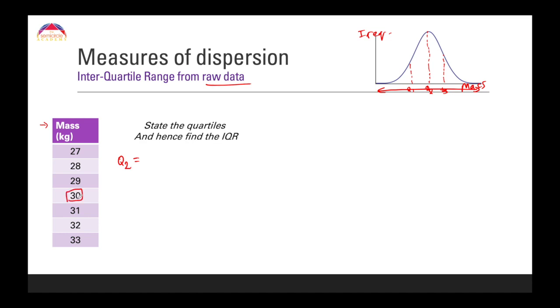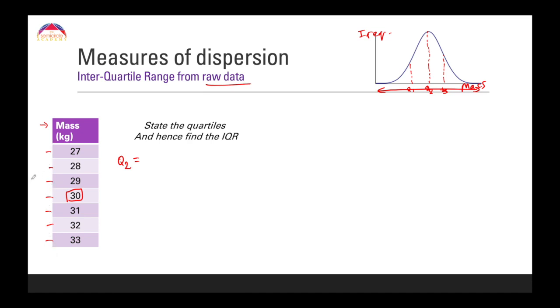Can anybody look at this table and tell me what the median is? Right, the median is the one in the middle. Look at how many values we have here: 1, 2, 3, 4, 5, 6, 7. So remember, we're dealing with 7 data points, 7 ranks of data.